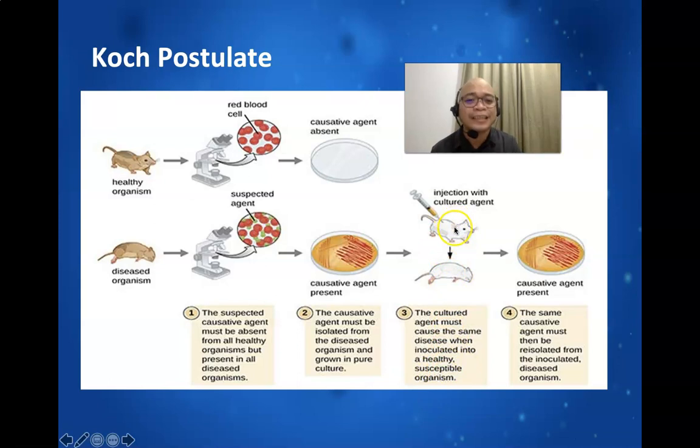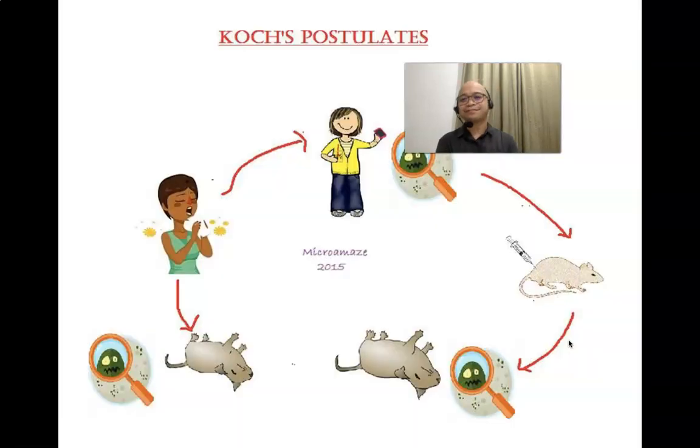So the previously healthy organism was injected by the bacterial culture that came from the diseased organism. So what happened? The healthy organism died. And then you must be able to re-isolate the same causative agent from the inoculated diseased organism. This is Koch's postulate. So how are we going to apply Koch's postulate in our time?